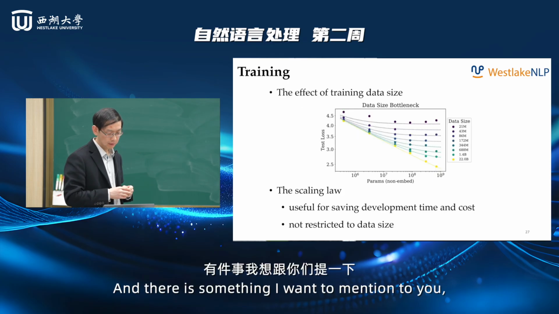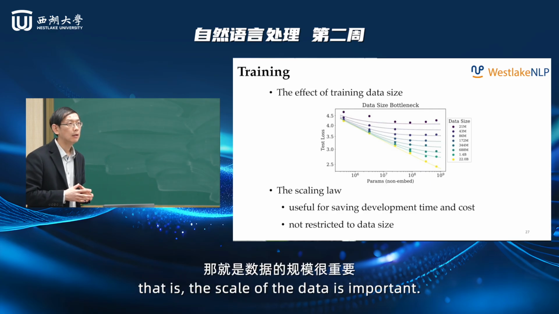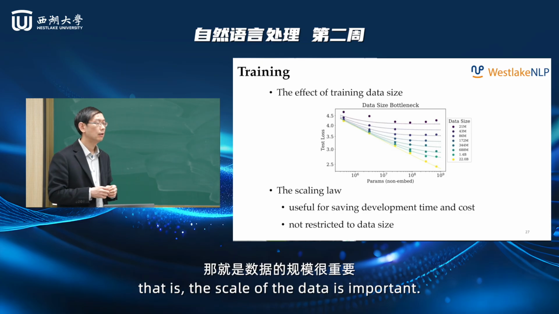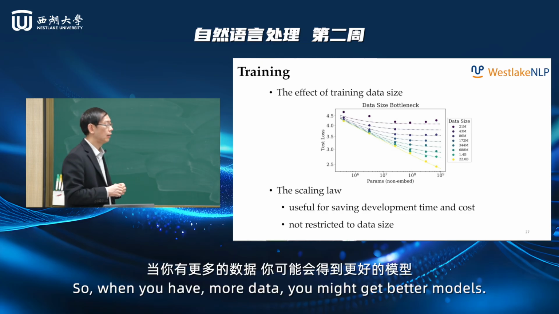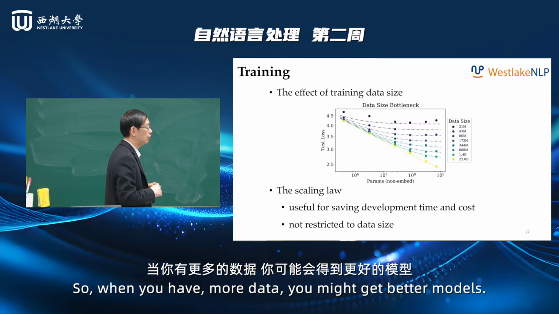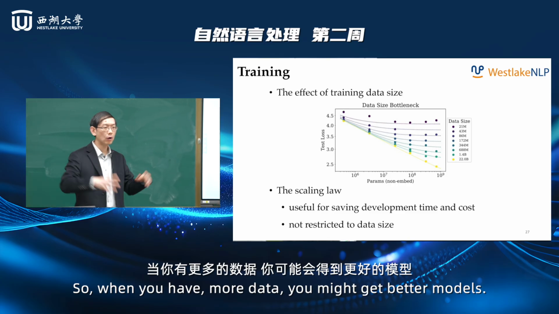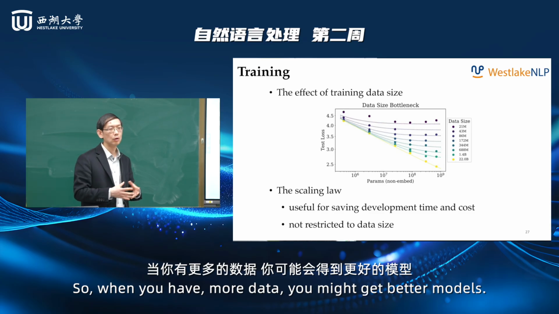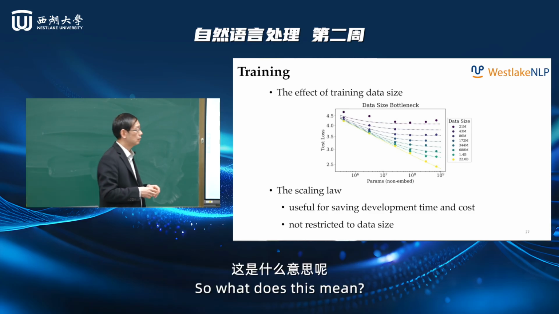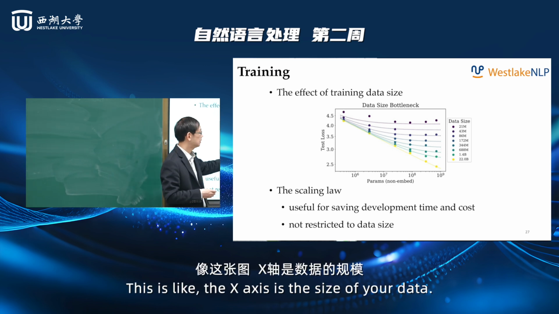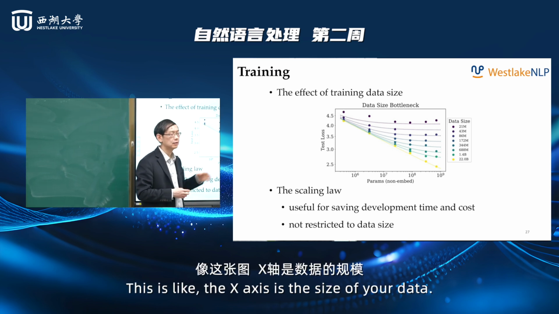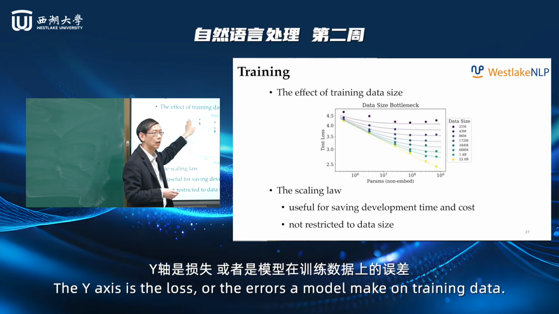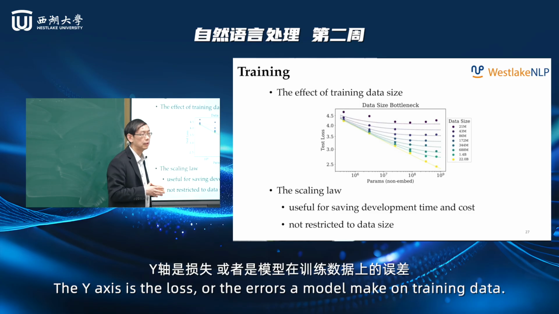And there is something I want to mention to you, that is the scale of the data is important. Okay, so when you have more data, you might get better models. What does this mean? The x-axis is the size of your data. The y-axis is the loss or the errors a model makes on training data.